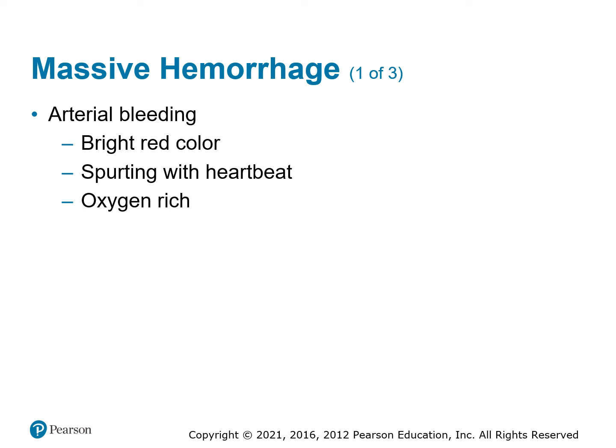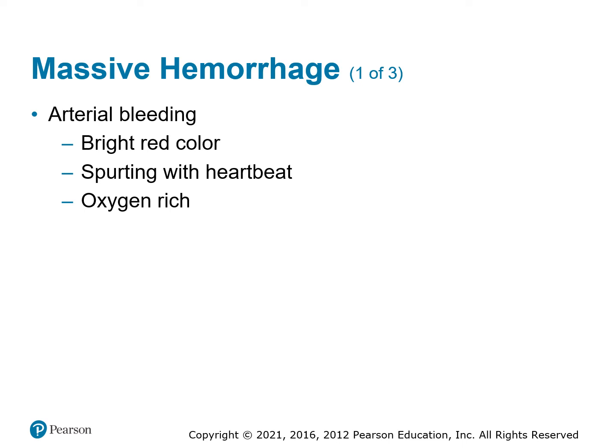So with arterial bleeding, like we said, it's going to be that bright red in color. It's usually going to spurt with the beat of the heart, and this is the oxygen-rich blood. The thing to remember with a massive arterial bleed is that all of that oxygen-rich blood had a destination, and now it's not getting there, which means some places are being deprived of oxygen depending on the severity of the injury.